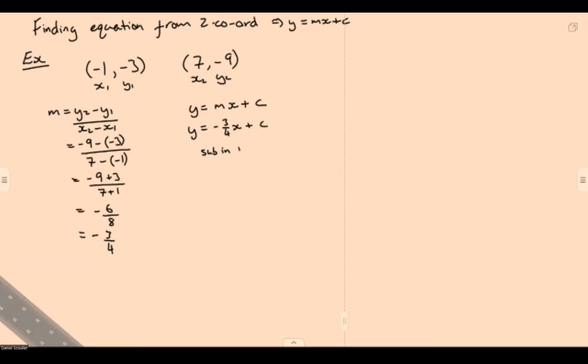Just point 1. The y value is -3. The x value is -1. I'll just tidy up that first bracket. -3/4 multiplied by -1 would give us +3/4.